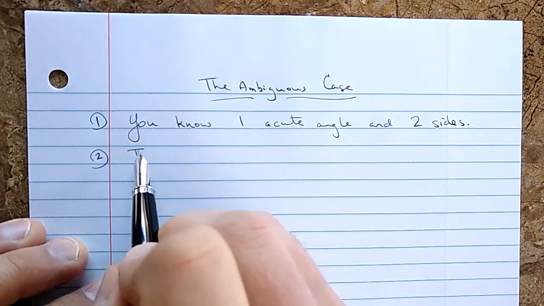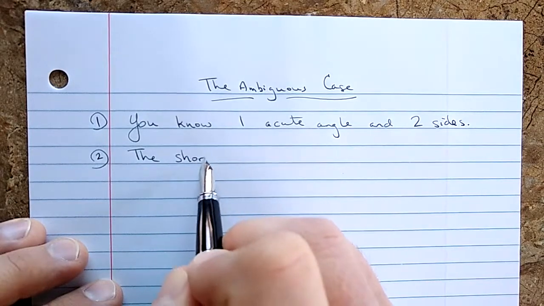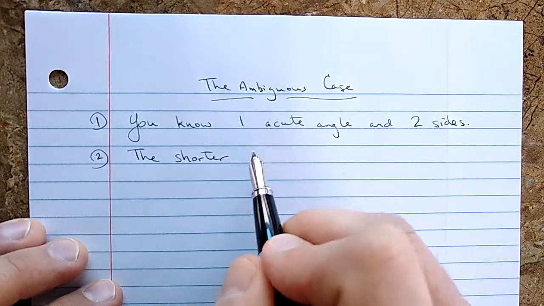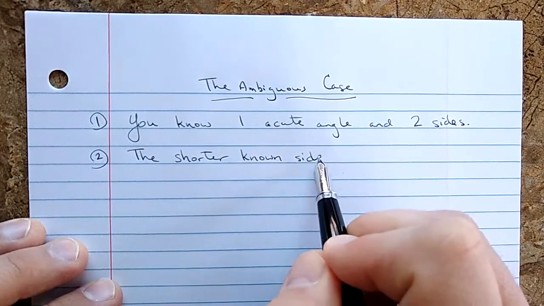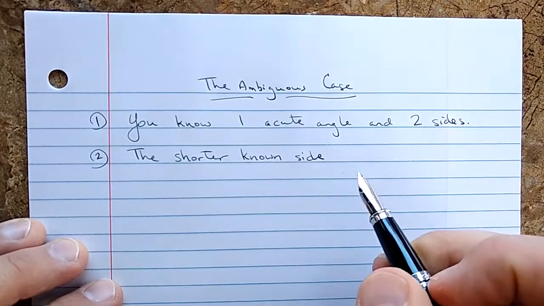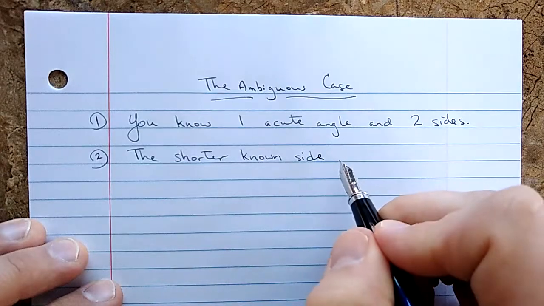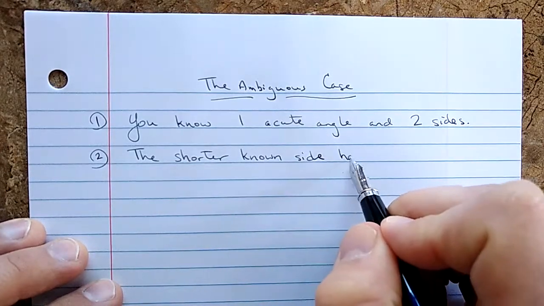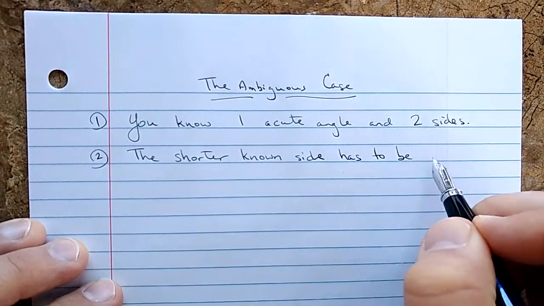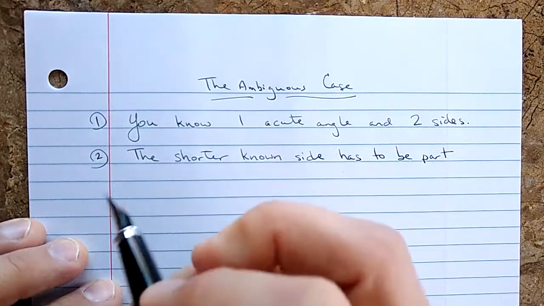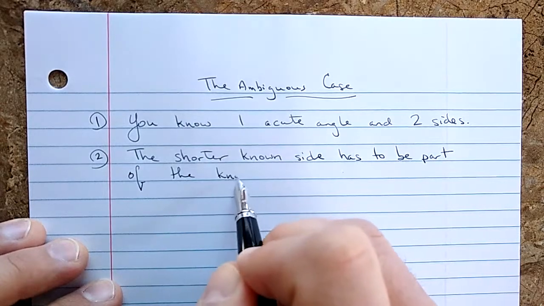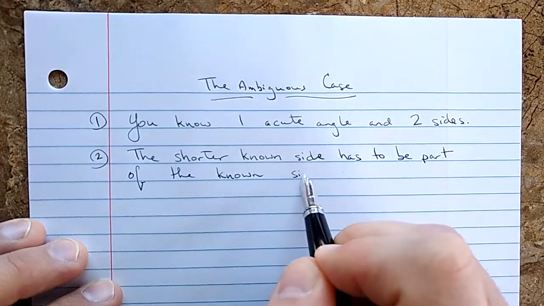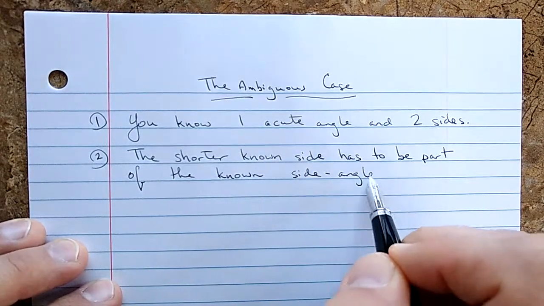And the other thing is the shorter known side. One of them has to be shorter. That shorter known side has to be part of the known side angle pair.